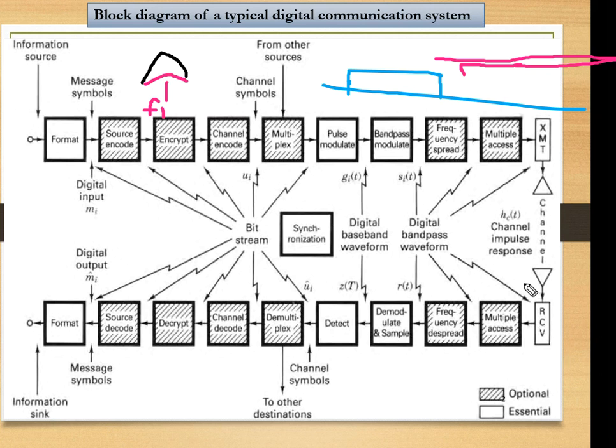So at the receiver side, after the antenna, we have the opposite of each block we have at the transmitter. You have multiple access. Let me explain to you, for example. The users here, let's say 5 users, and to share the communication between them, we assign a code to each user. A code is like a language.